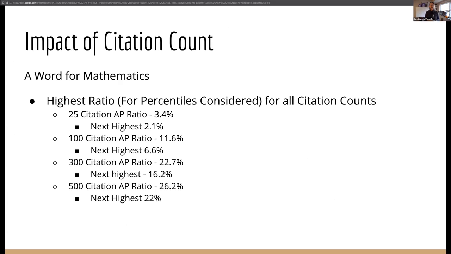For 25, it's half again larger, 3.4 versus 2.1. For 100, it's almost twice as large, 11.6 versus 6.6. The ratios become a bit closer for 300, 22.7 versus 16.2, and 500 is 26.2 versus 22.